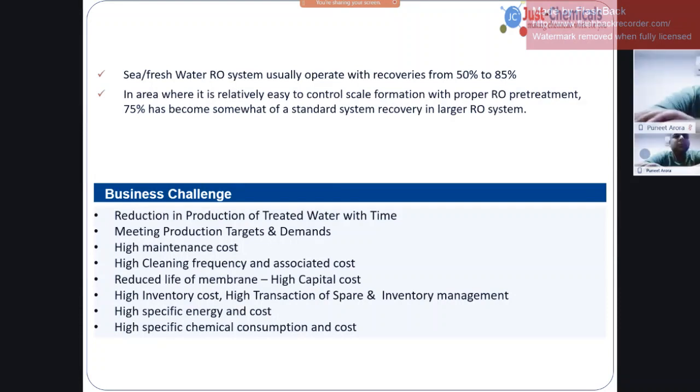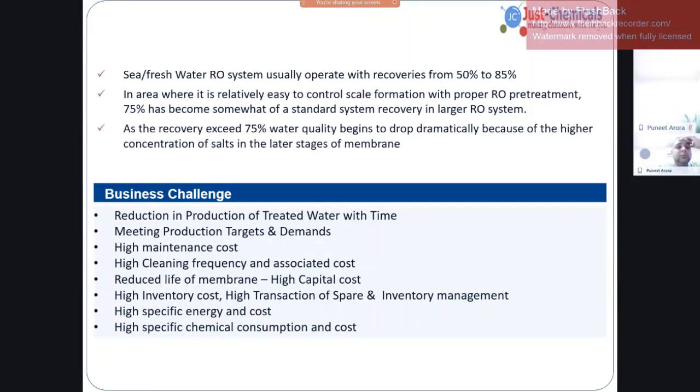In areas where it is really easy to control scale formation with proper RO pre-treatment and anti-scalants, 75% has become somewhat of a standard system for recovery. But when we go beyond 75%, go towards 85%, the water quality towards the tail end membranes or in the second stage of the membranes, they become more scale forming.